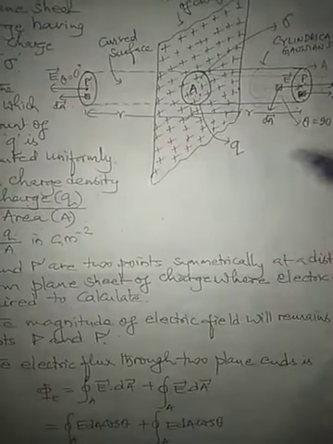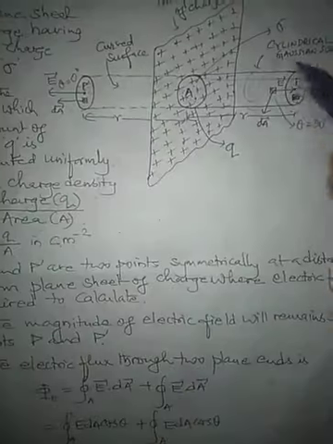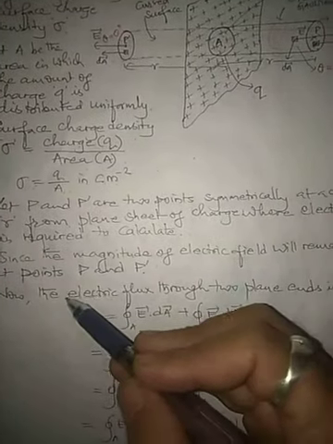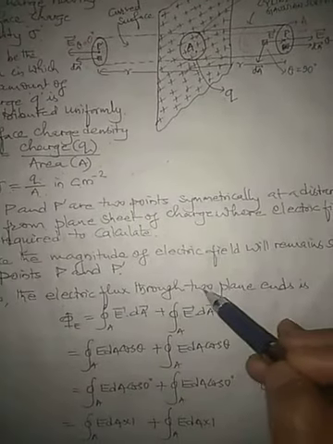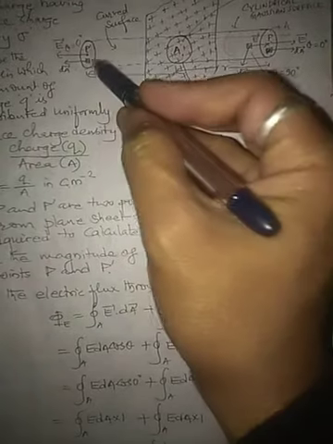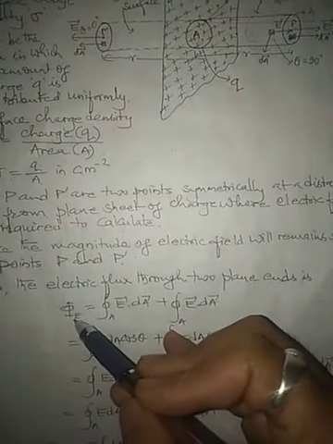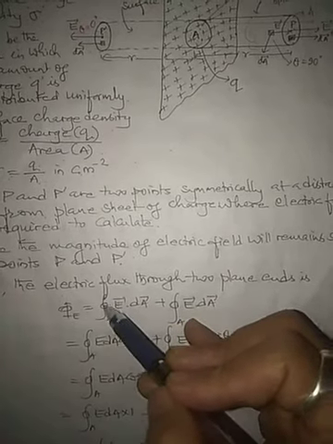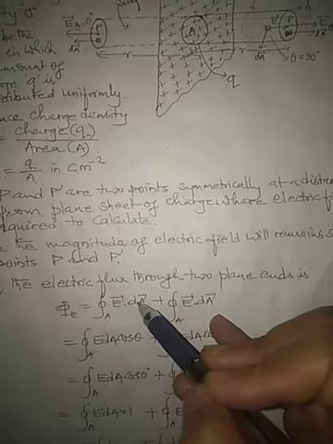So now we calculate the electric flux at the two plane ends of the cylindrical Gaussian surface, and that flux is measured by this relation. The electric flux through the two plane ends of the cylindrical Gaussian surface is given by phi E, and that flux equals the integration over closed surface of area A, E dot dA.